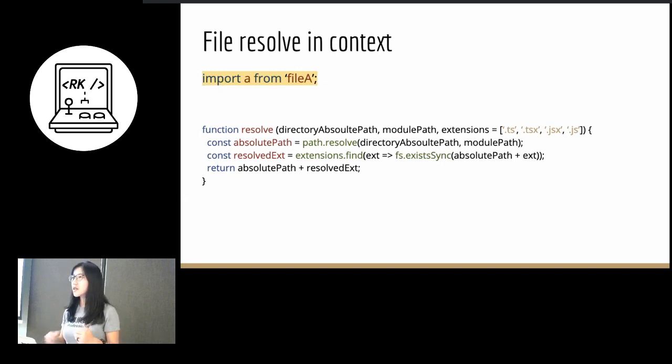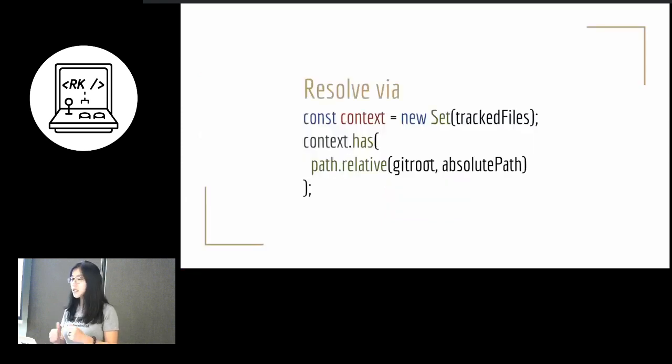So if you are trying to resolve some Git commit that isn't checked out in your file system, it cannot resolve. So I have to change this behavior by doing it this way, which is getting all the tracked file list and then finding out whether this path exists in this list.